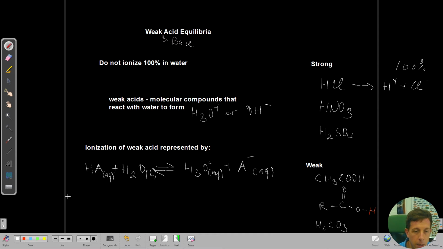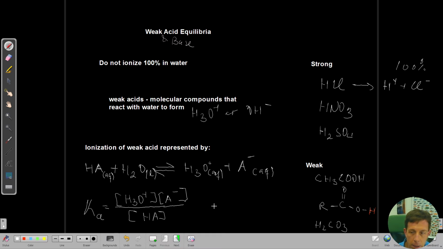So we can represent the equilibrium of this acid reaction with the acid equilibrium constant, abbreviated K sub A, for A for acid. Again, this is written as the products over the reactants. So we have H3O plus multiplied by the concentration of the conjugate base, over the concentration of the acid. Again, we have our acid, water as our base, the hydronium ion as our conjugate acid, and the conjugate base here represented as A minus.